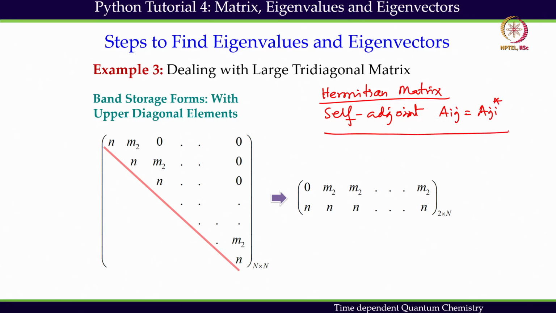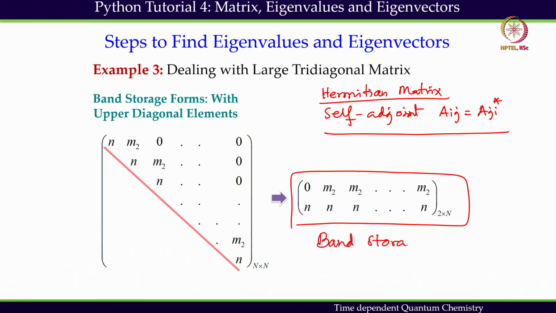Due to this symmetry of a Hermitian matrix, a tridiagonal n by n matrix can be stored in a 2 by n band storage form.